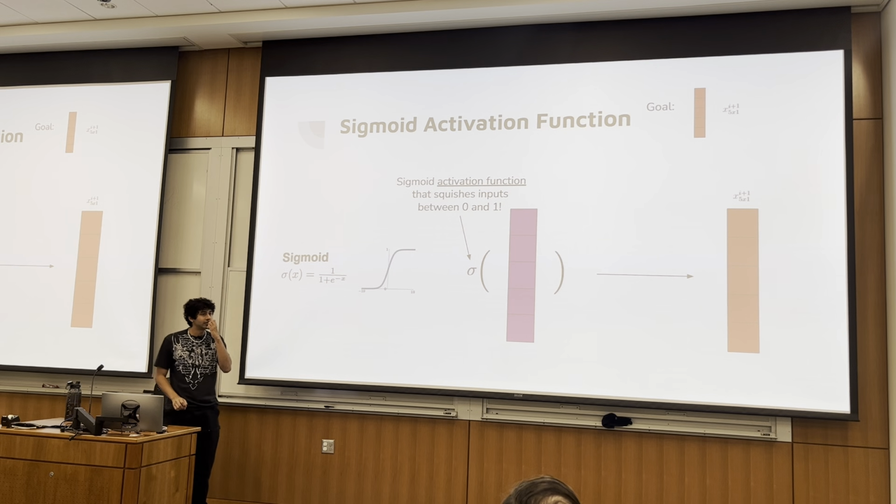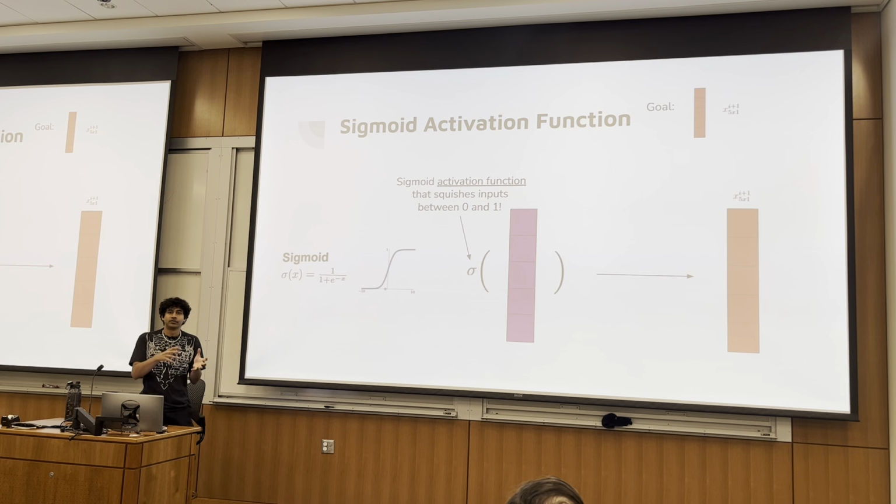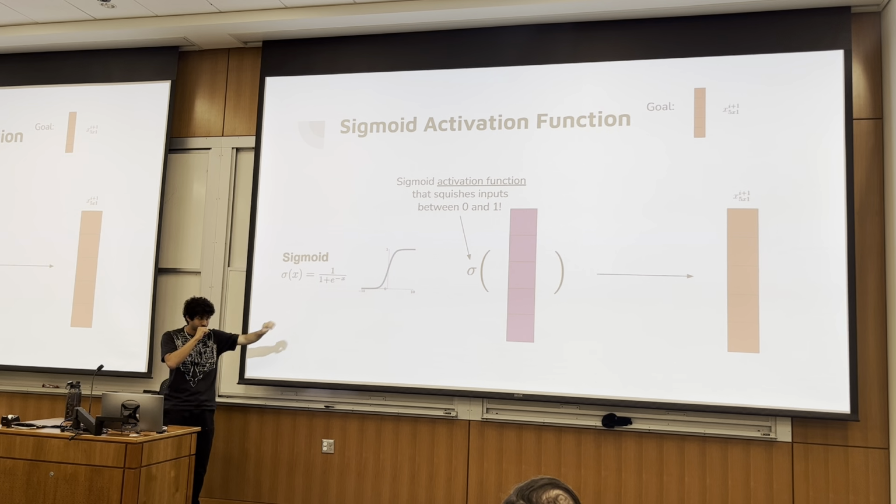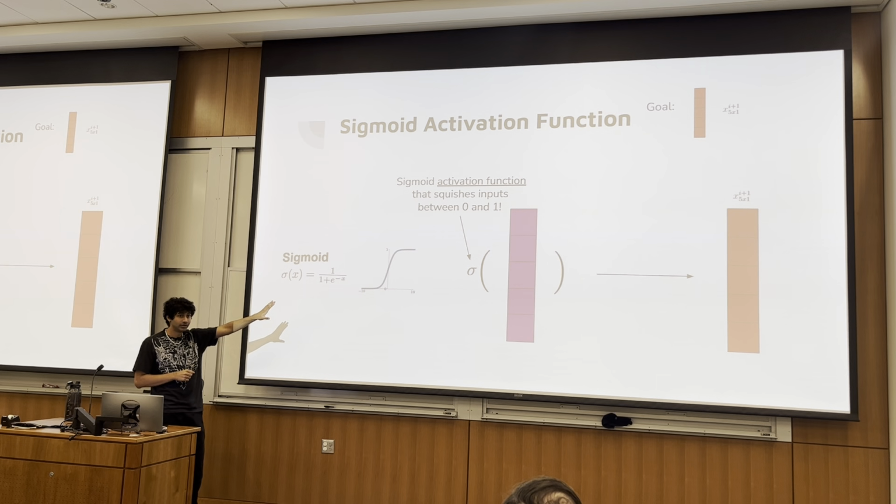The final thing we have to do before we can officially say we've reached the next layer is squish the values between 0 and 1 with this special function called a sigmoid activation function. It is incredibly critical that we apply a function like this, not exactly this function, but the fact that we apply a function is critical to how neural networks are able to be so powerful.